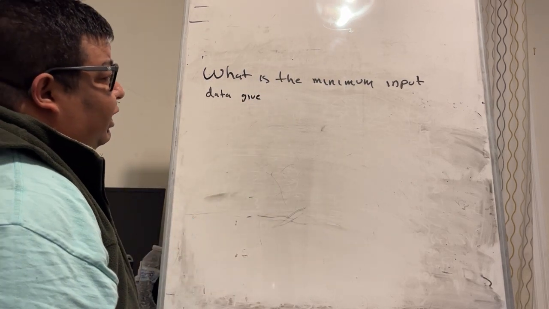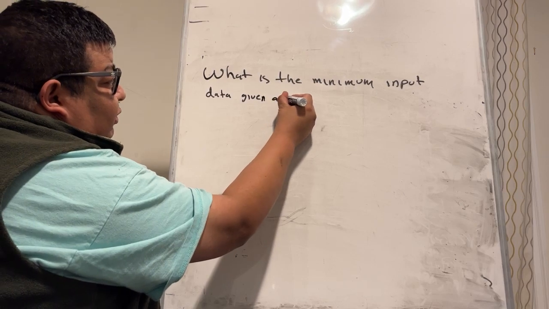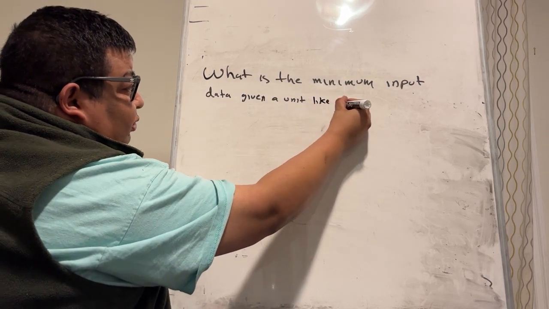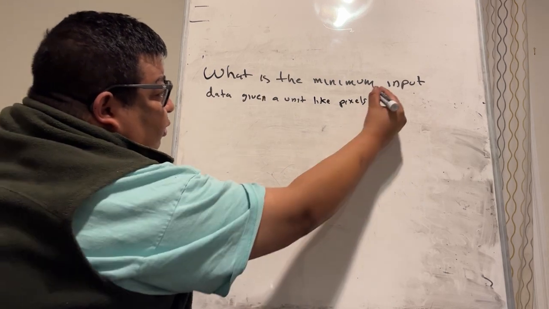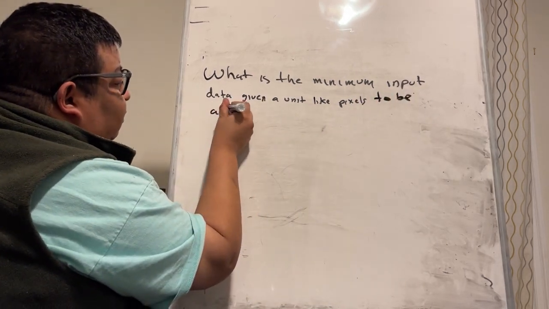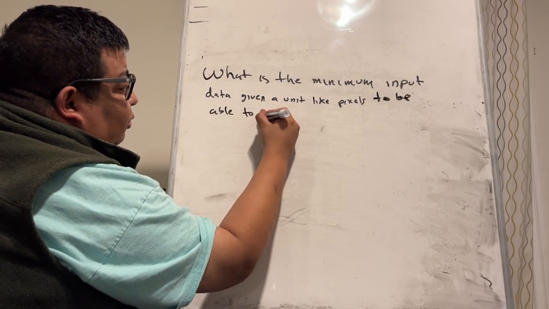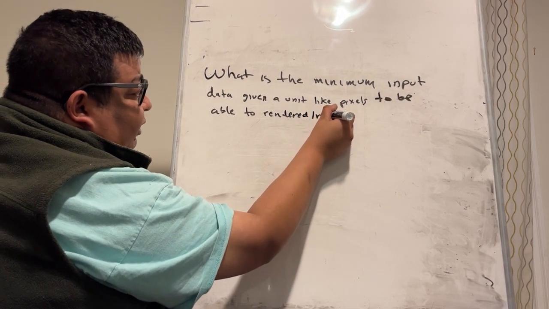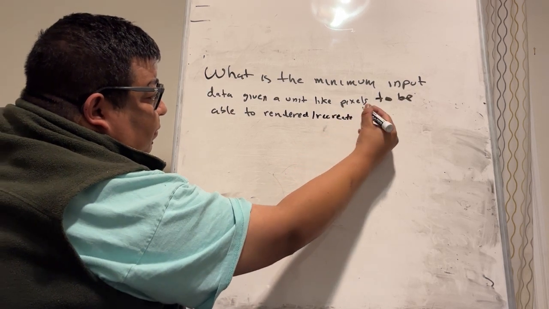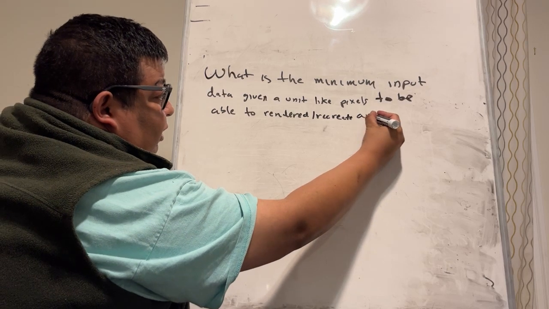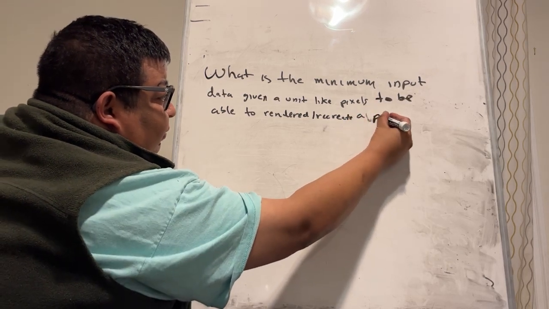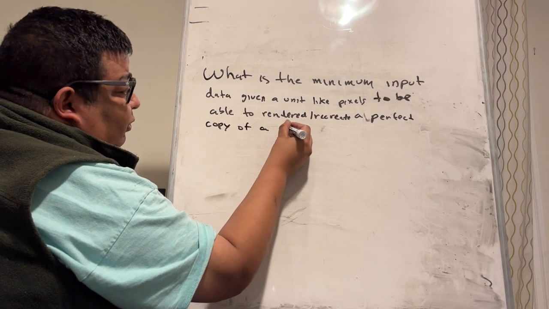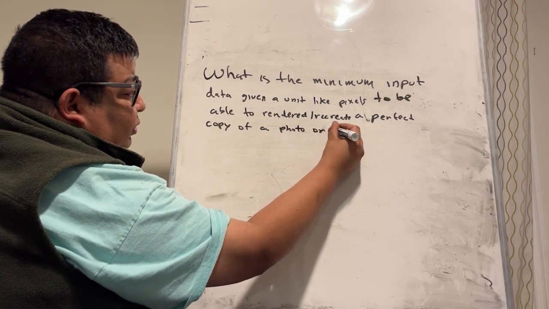What's the minimum input data given a unit, like pixels, to be able to render or recreate a perfect copy of a photo or picture.